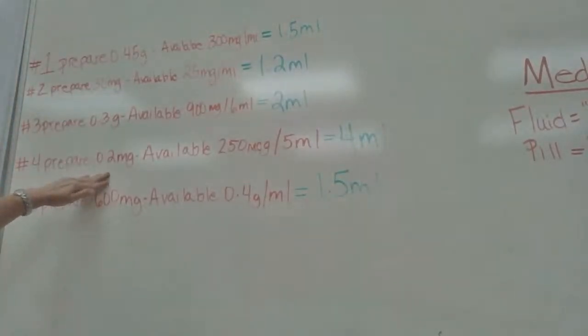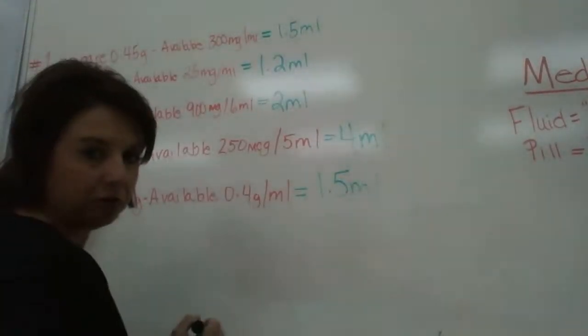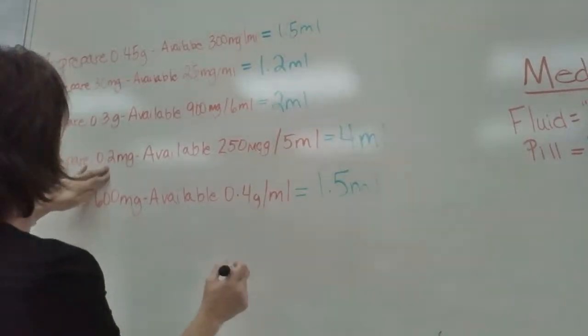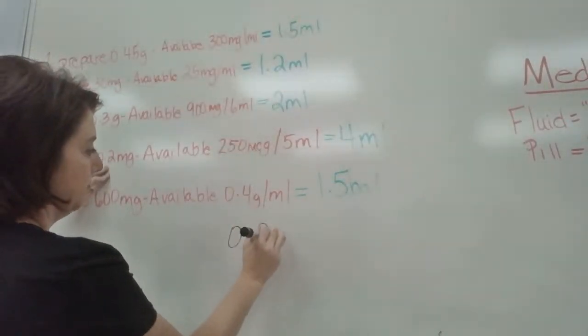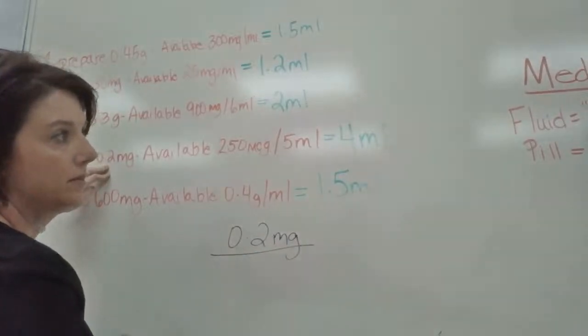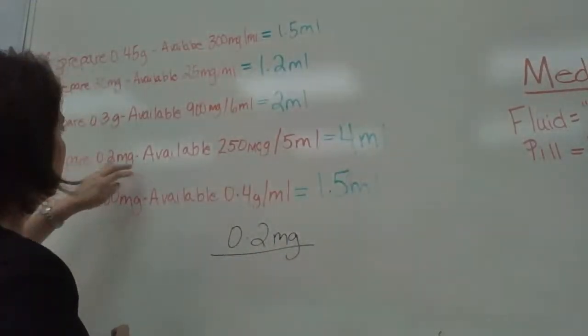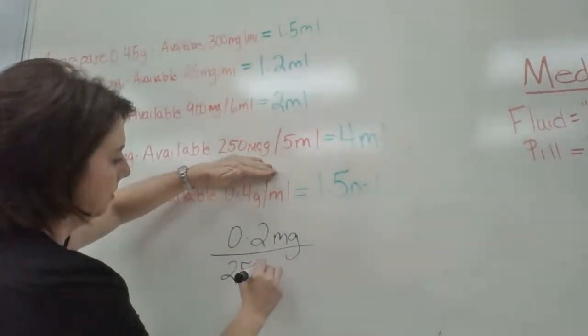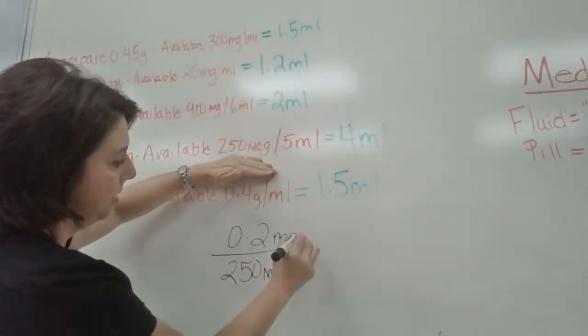Our next problem says we want 0.2 milligrams. So what we want, 0.2 milligrams, divided by what we have. What we have is 250 micrograms per 5 mil.